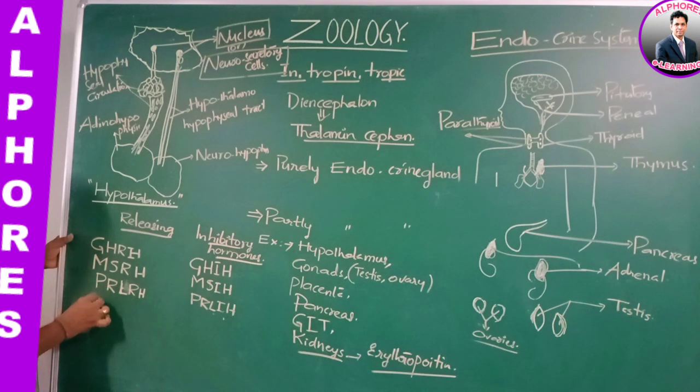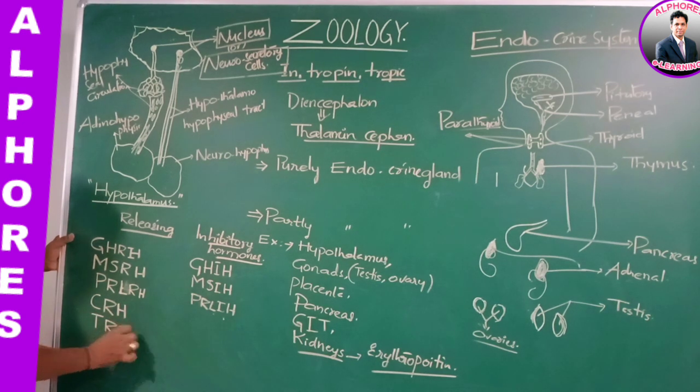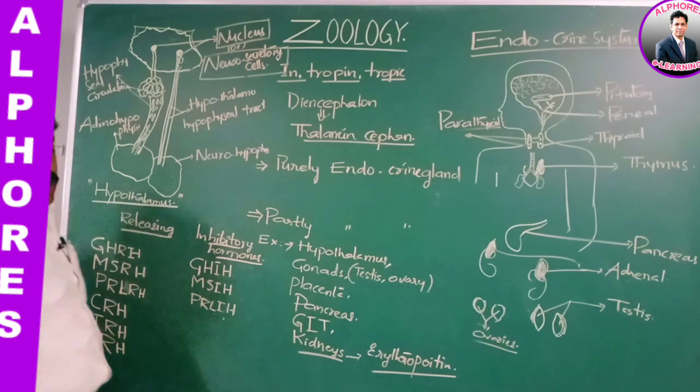That is the corticotropin releasing hormone. Next, thyrotropin releasing hormone, and gonadotropin releasing hormone, GnRH.